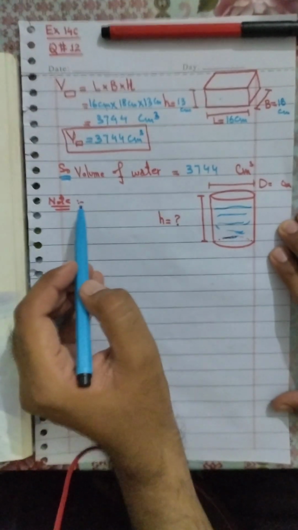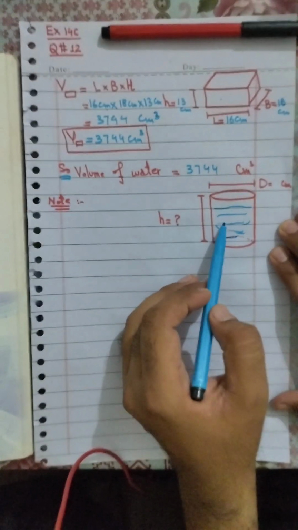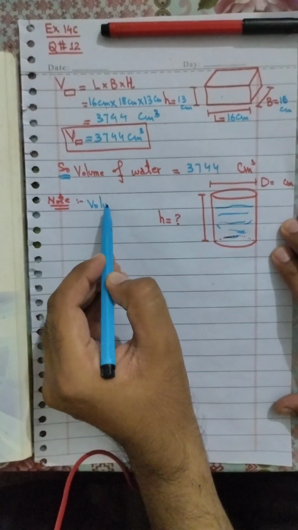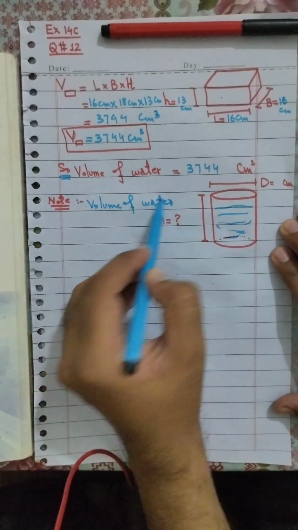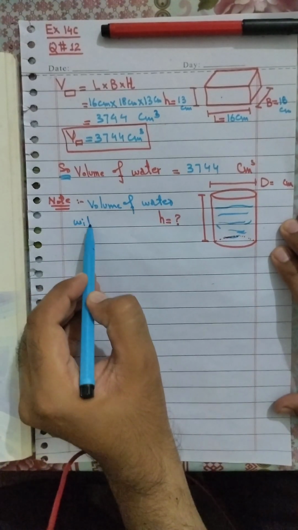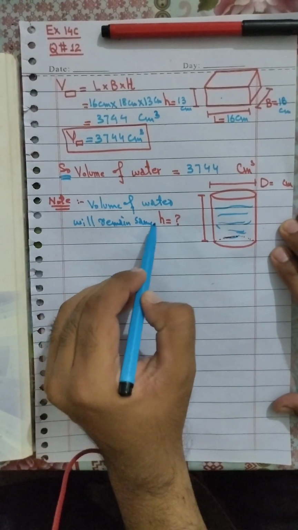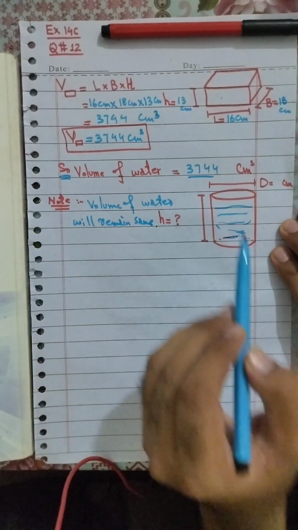Now what? As the water goes into this type of container, the volume of water obviously will remain the same. Okay, so the volume of water will remain the same.